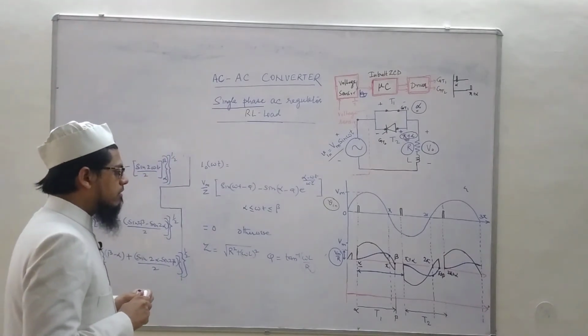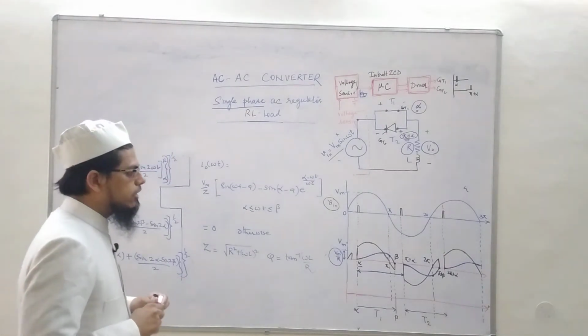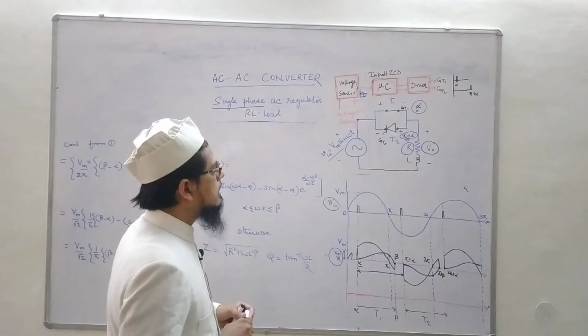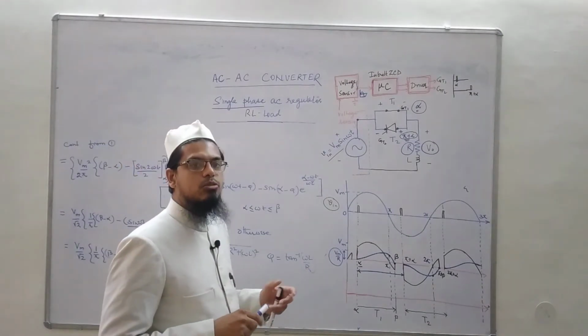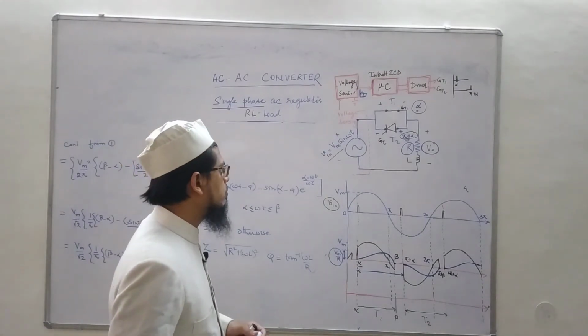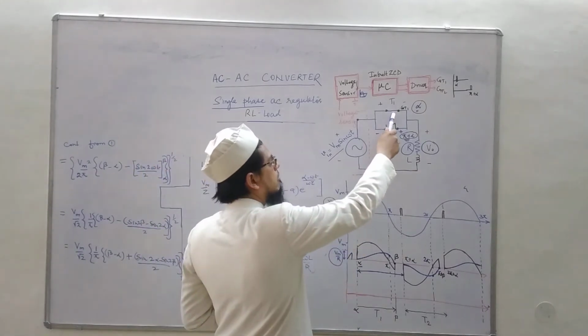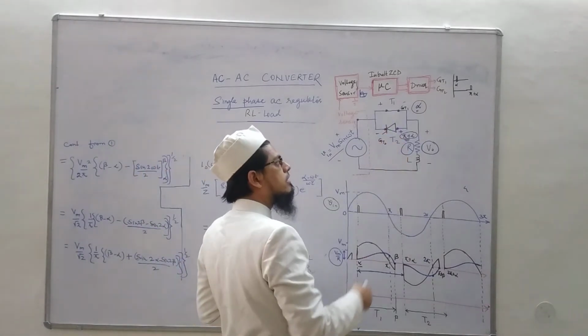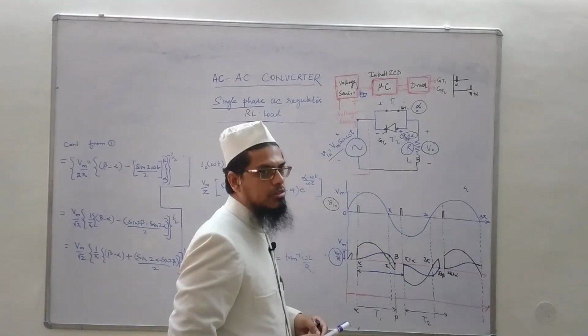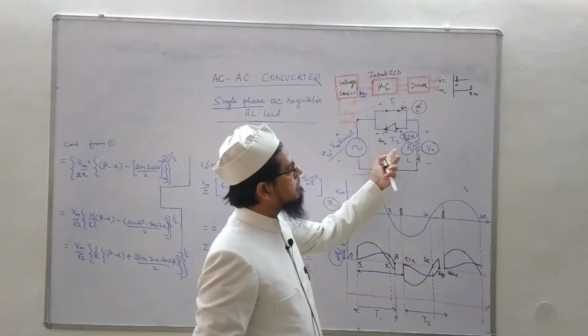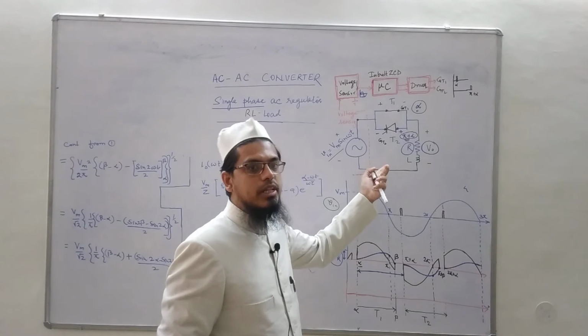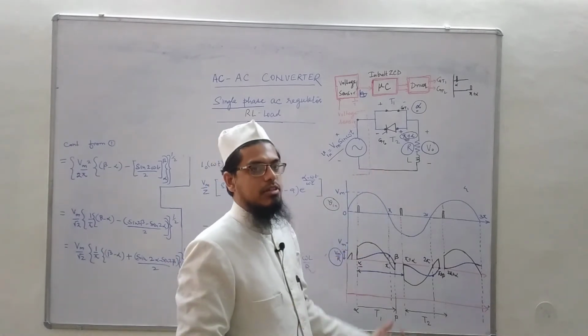Now let us look into the voltage that would be appearing across the two thyristors T1 and T2. So when T1 conducts, the voltage appearing across it would be 0, and similarly the voltage appearing across T2 will also be 0 in that case, and vice versa.